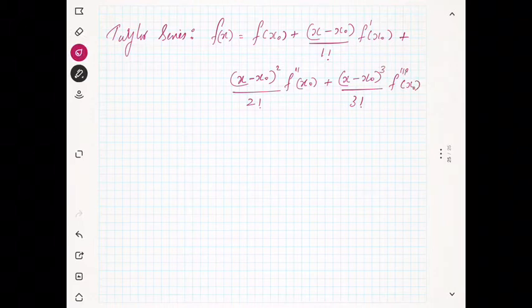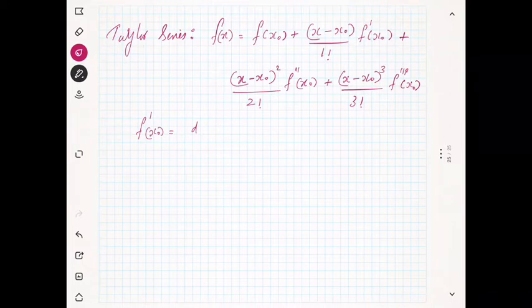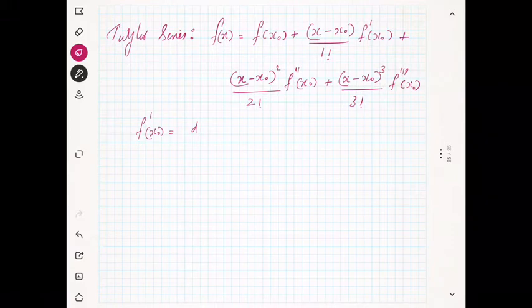And what is this f dash? f dash of x naught, I will use the notation f of x.